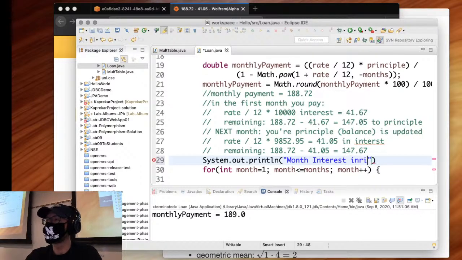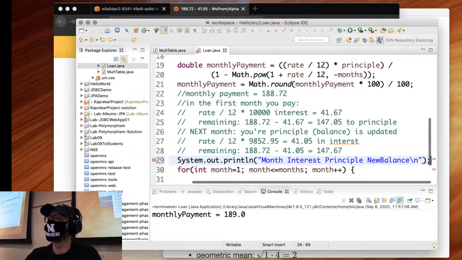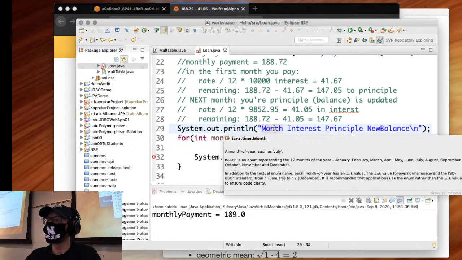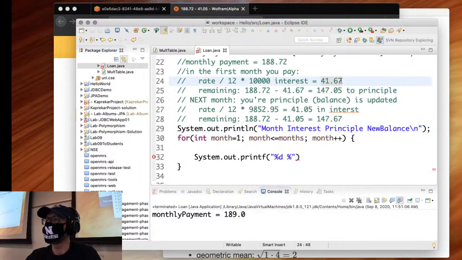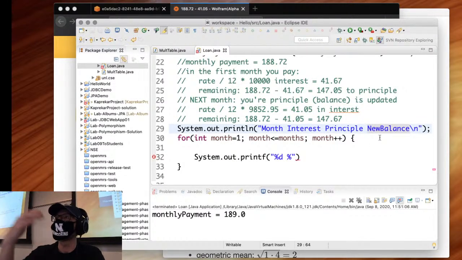Interest, principal, and then new balance. Those are going to be my 4 columns that I want to print. In the first month, I pay $41.67 in interest. I pay $147.05 to principal. And then my new balance here is going to end up being $9,852.95. And you'll see that that new balance goes down until it gets to 0 in the 60th month.